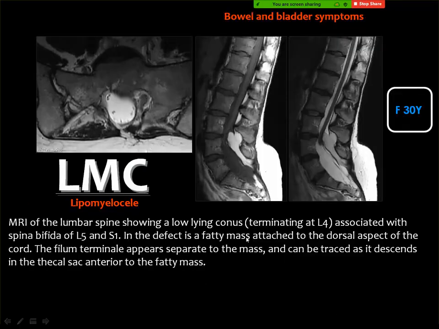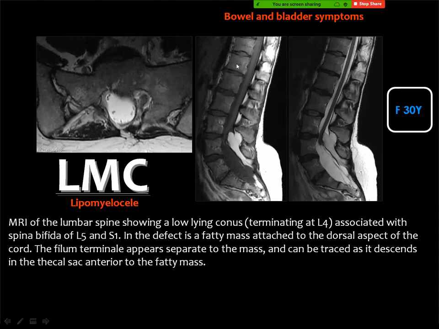Then another case, you should see that this fat inside the spinal canal is continuous with the fat in the subcutaneous space. If not, if the fat inside the spinal canal is not attached to the fat in the subcutaneous space, this is intradural lipoma.